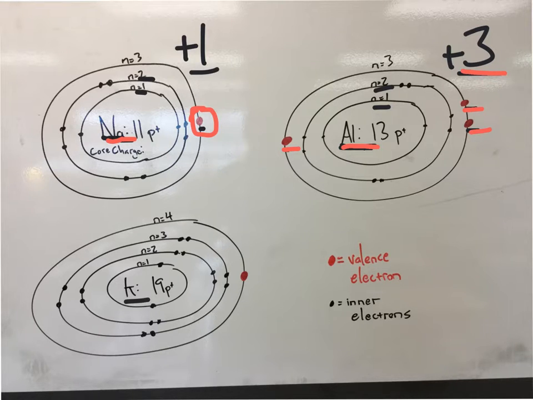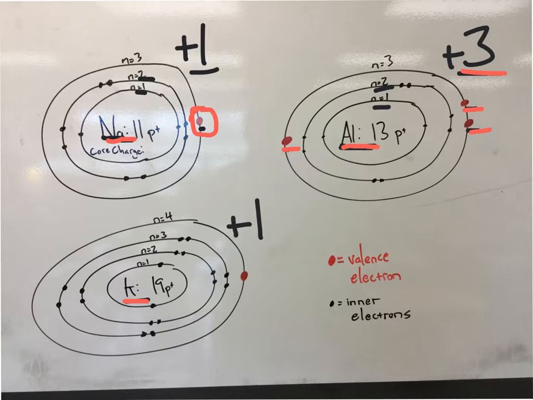Now if we look below here at potassium, I'll let you think about how potassium reacted and why, but consider potassium has the same core charge as sodium, +1, but it has 3 levels of shielding, not just 2.